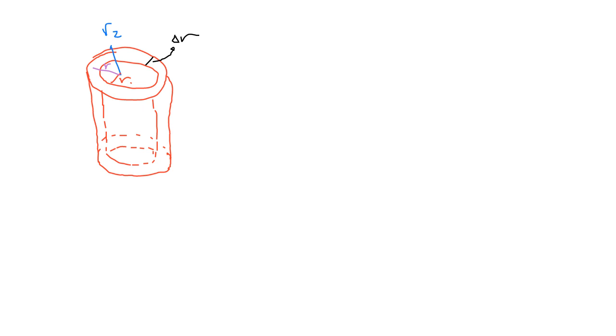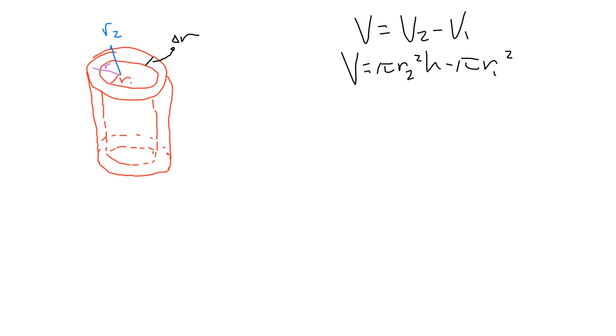If we're trying to find the volume of this piece, we can say that volume is equal to V2 minus V1. In terms of our radii, we get pi R2 squared h minus pi R1 squared h. We can rearrange this to get pi h times R2 squared minus R1 squared.